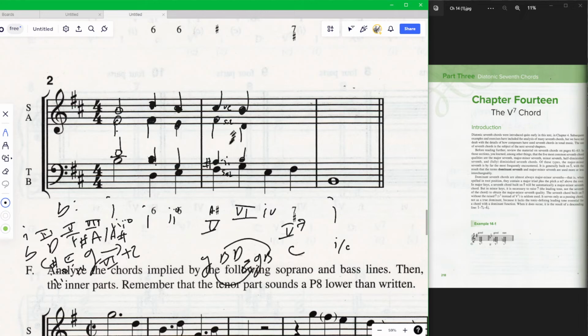Now, if we have 2 Gs, well, let's resolve it as we have it. So if we keep the 2 common tones, B and G, well, there's no other G to keep, because this root has already moved.